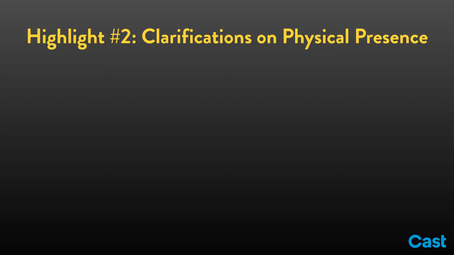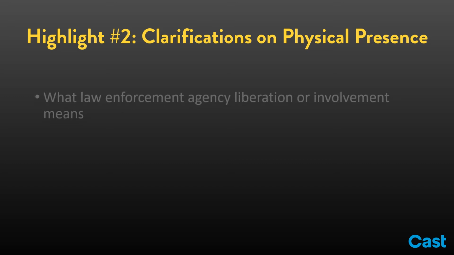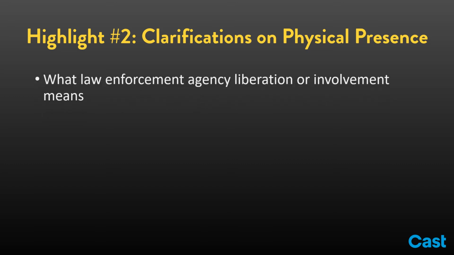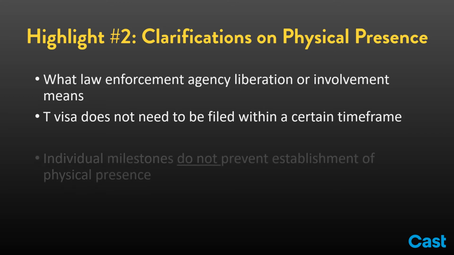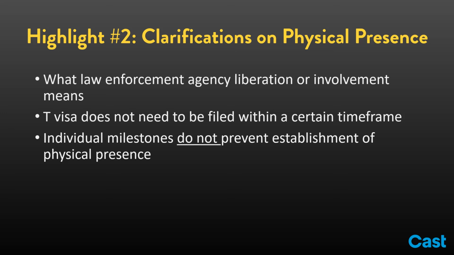In this manual, USCIS clarifies the interpretations of the regulations, including what law enforcement agency liberation or involvement means for purposes of physical presence, confirms that the T visa does not need to be filed within a certain time frame, and explicitly states that an individual's personal or professional milestones do not prevent the establishment of physical presence.